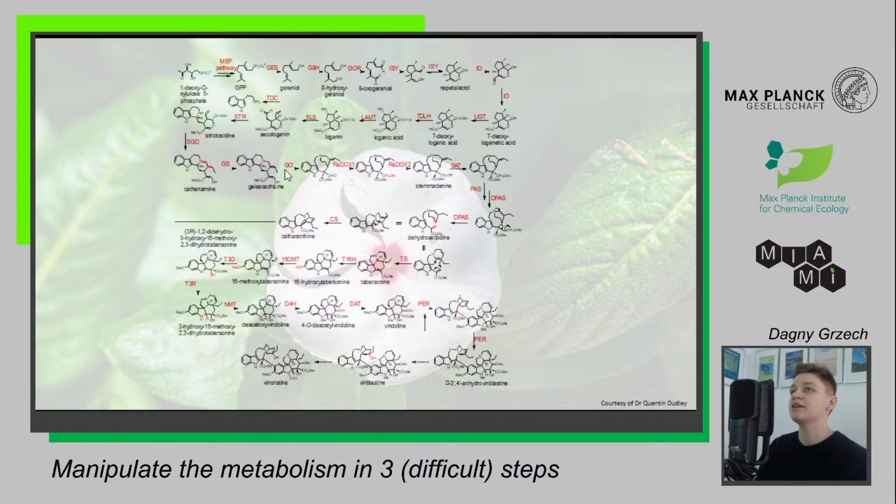So in here you can see that it actually starts from a primary metabolism product, and then there is a very long series of steps that leads to the production of Vimblastin in the end. And each one of these red words is the name of an enzyme that catalyzes the formation of the next biosynthetic intermediate on the way to the production of Vimblastin.